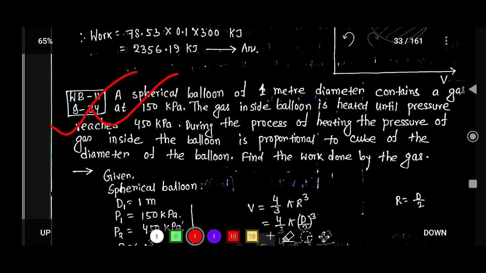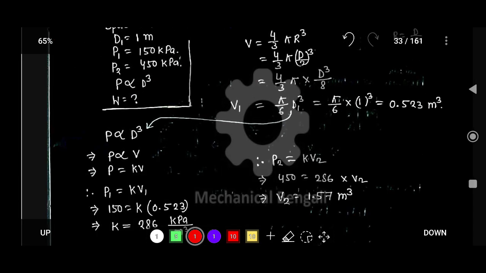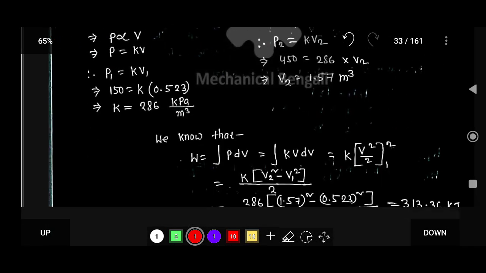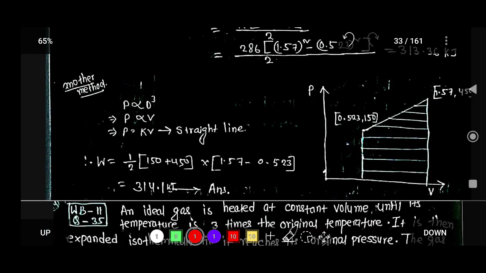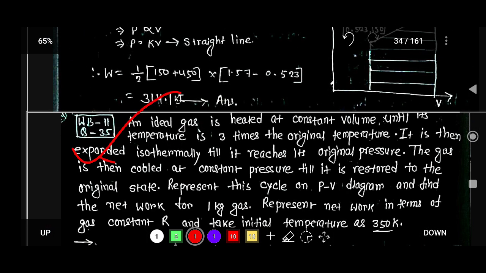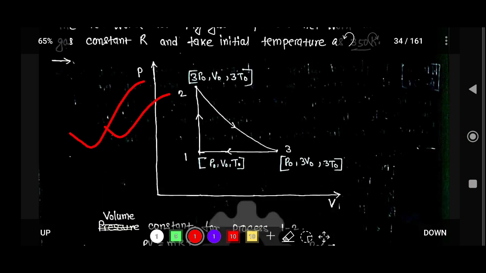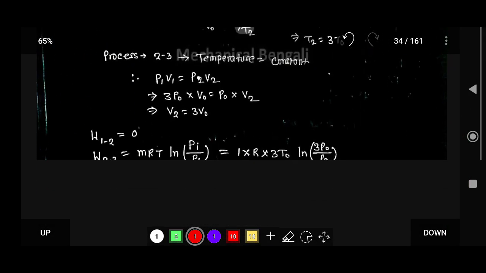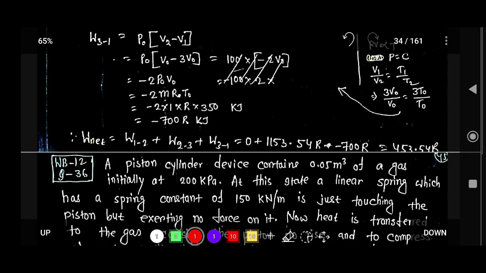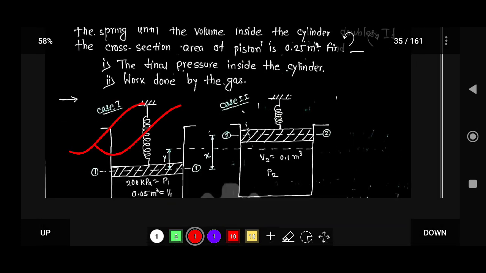Another question: always solve the questions, otherwise your doubt is not clear. This is the answer. And there is another question with its answer. So try to practice these questions.